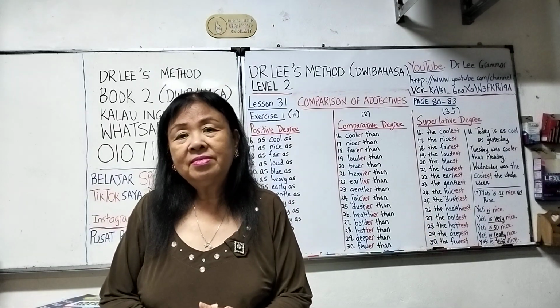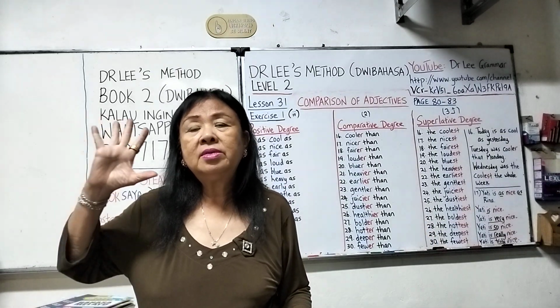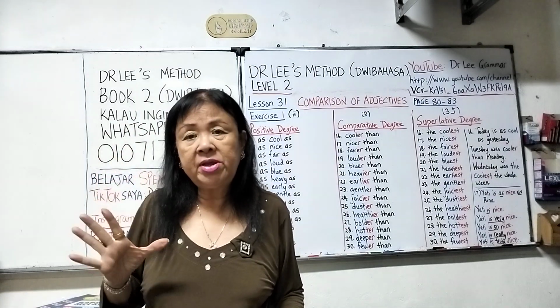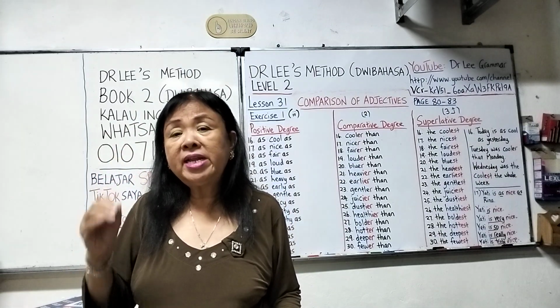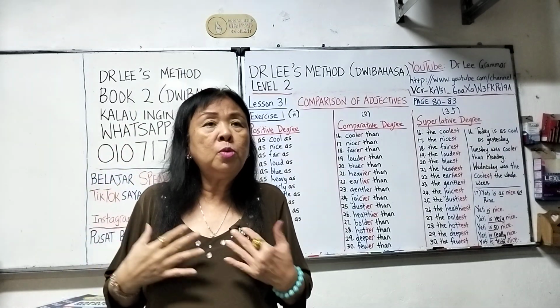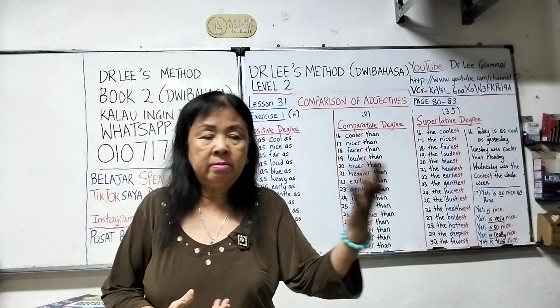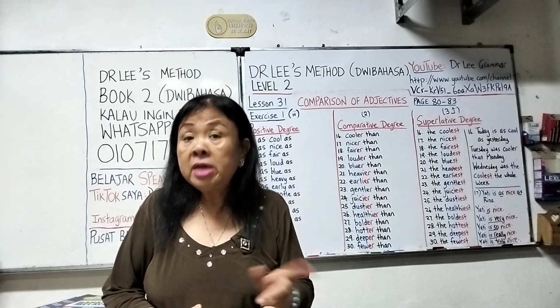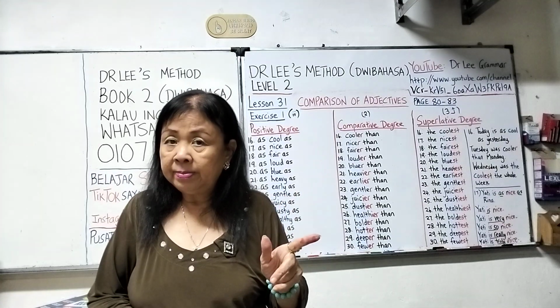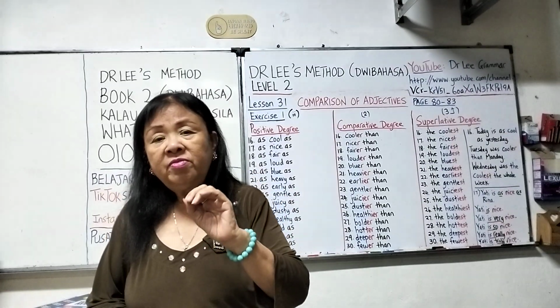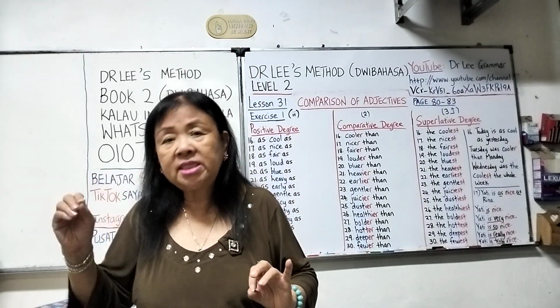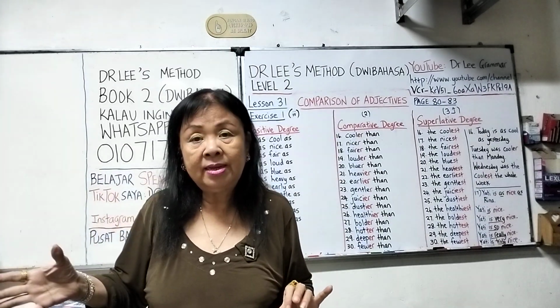When you talk about a superlative degree, an adjective that needs est. Example, we are the biggest company in Malaysia. The biggest, remember to put the. And then, for the word big, you put est behind, biggest.